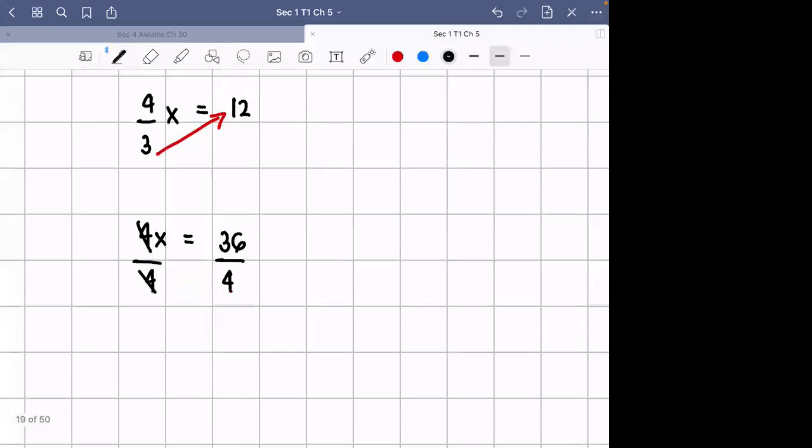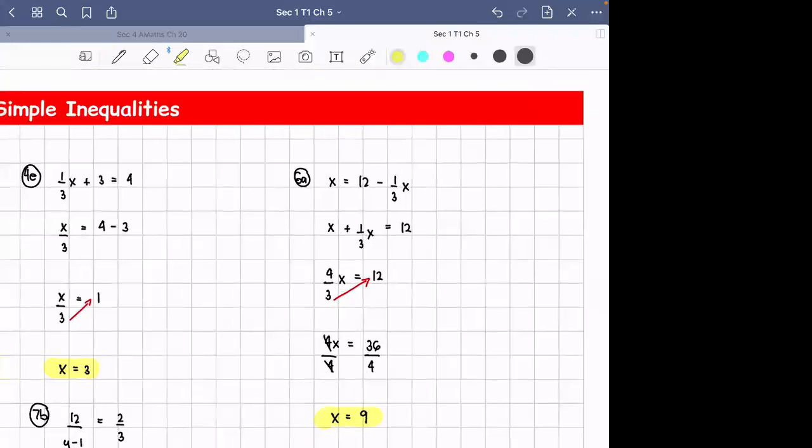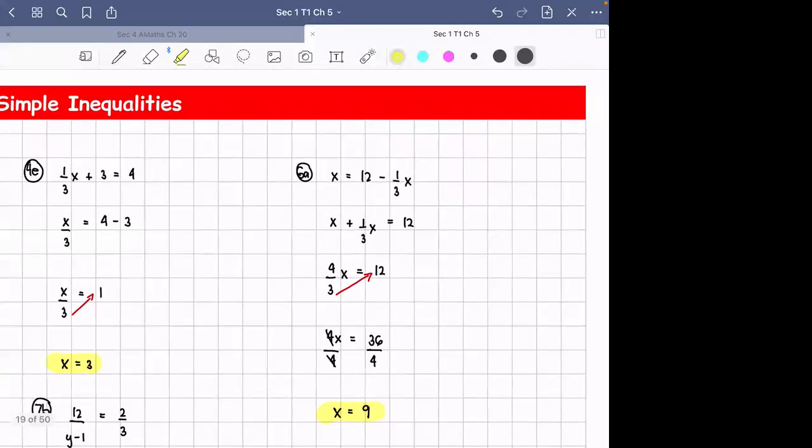So x here is equal to, what is 36 divided by 4? It's 9. Okay, so that's your answer for number 6a. Do you have any questions? So 6a is equal to 9. I think everyone got it right.